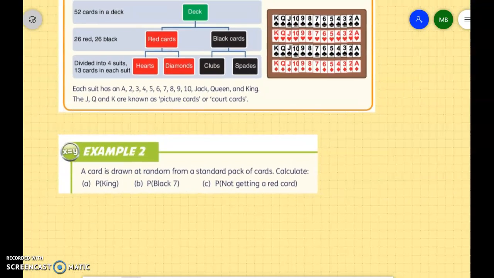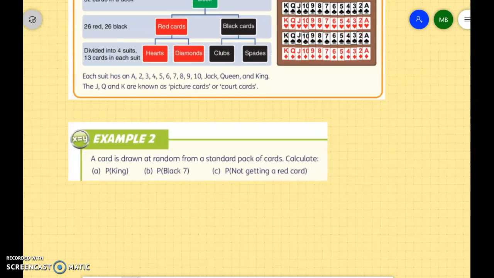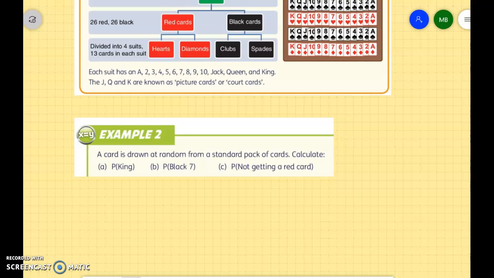This example is in your textbook, and it is on page 331. So if we look at this example, a card is drawn at random from a standard pack of cards. Calculate the probability of getting a king.